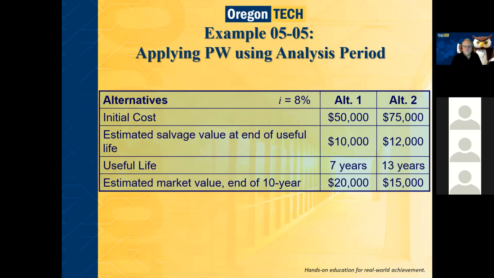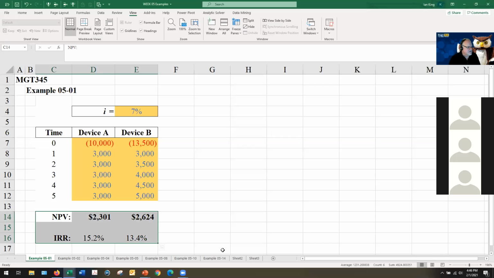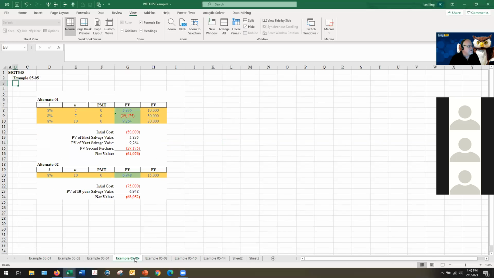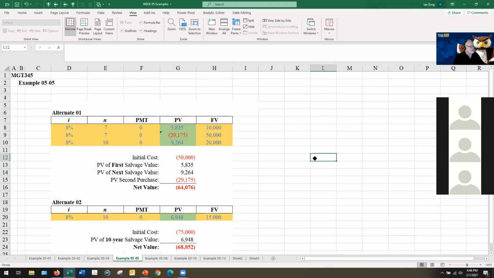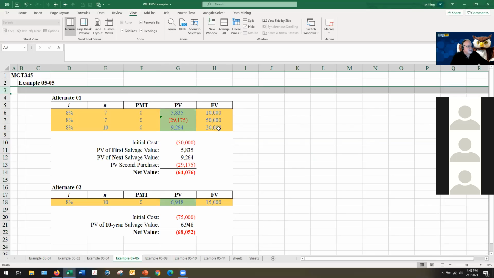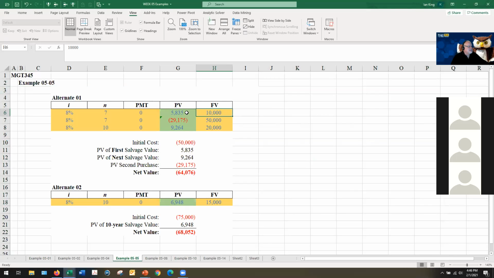So essentially, I'll pull up my marvelous spreadsheet. And essentially what I did, I used the simple future value calculations and present value calculations.